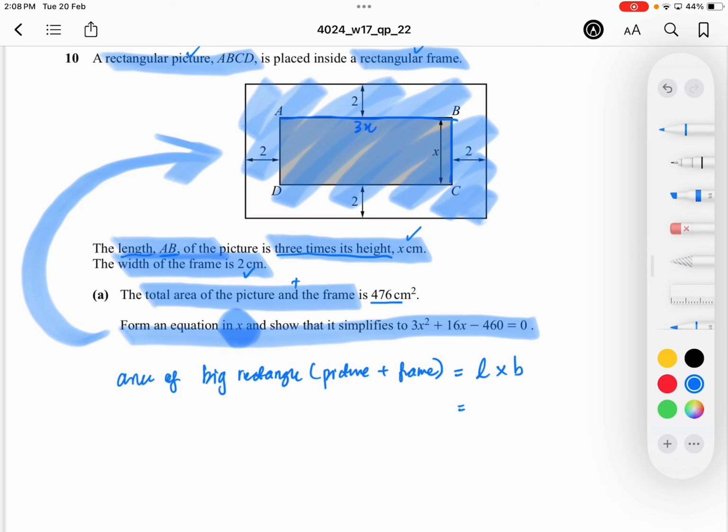What is the length? 2x is just the 2x, mana dapat 2x? What is the length? Alia, what's the length?